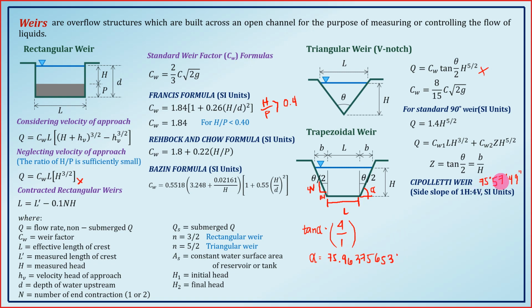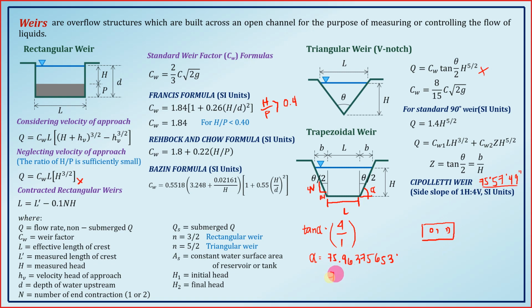So, pag gusto nyo gawing minutes and seconds, pindutin nyo lang yung katabi nung sa letter B, yung may ganito, degree, tapos may parang kuwit, tapos dalawang kuwit. Ayan, itong symbol na to sa calculators ninyo. So, hanapin nyo to. Nandun to sa may letter B. And so, pag kinlik nyo yan, magiging ganito yung form niya.